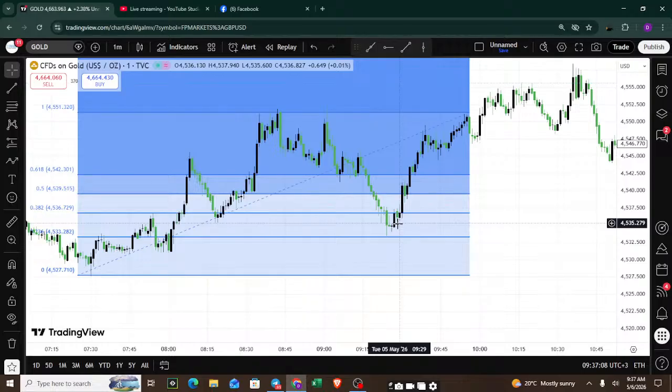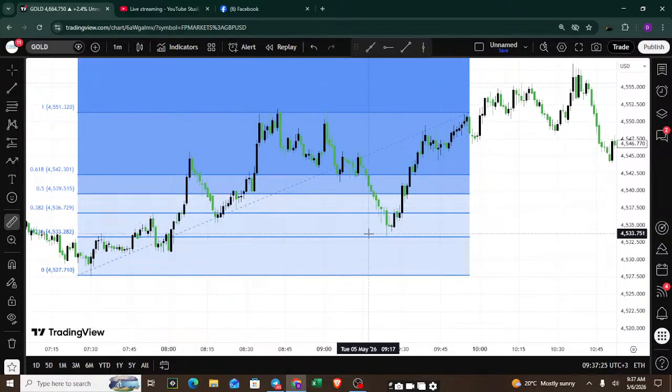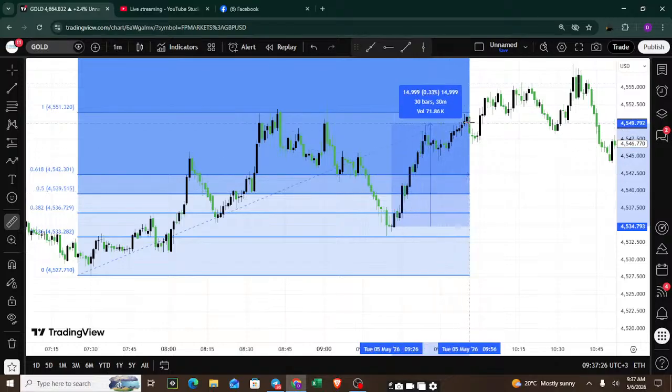So yesterday, this is the trade I took for gold. You can see that the price wicked in at 924. Then by 9:27, only 3 minutes later, we were in profits, and we ended up going at least 160 pips.